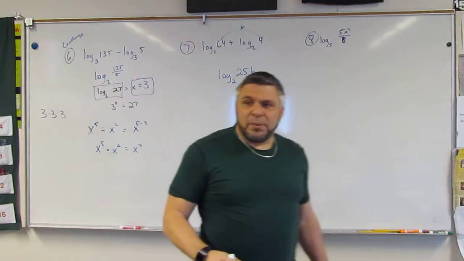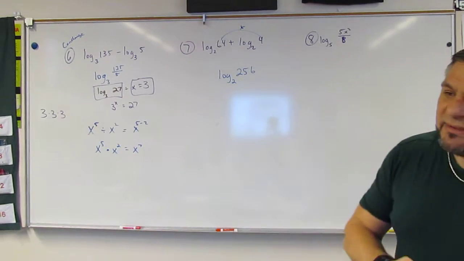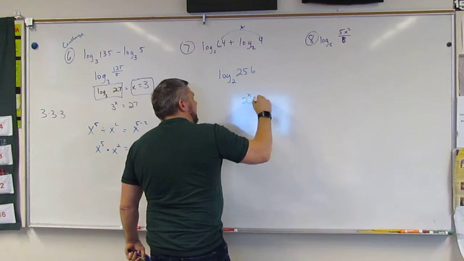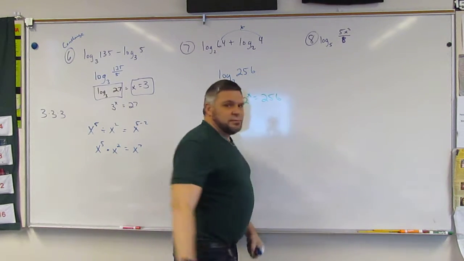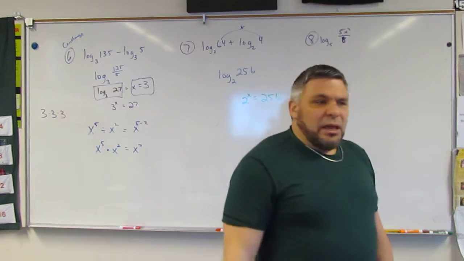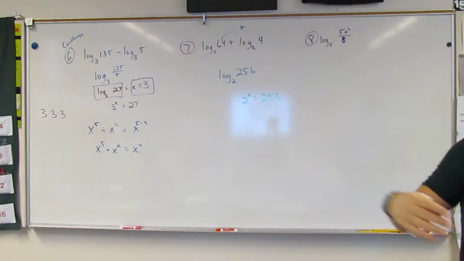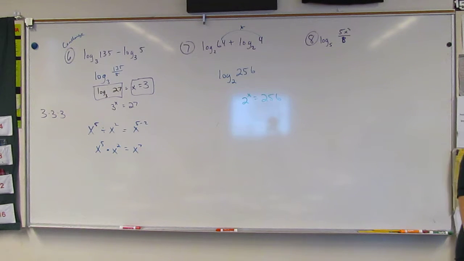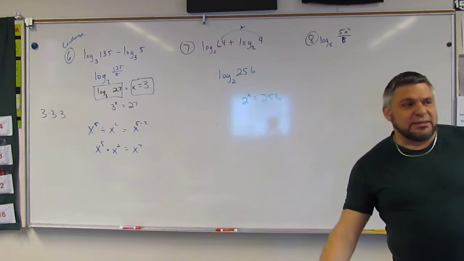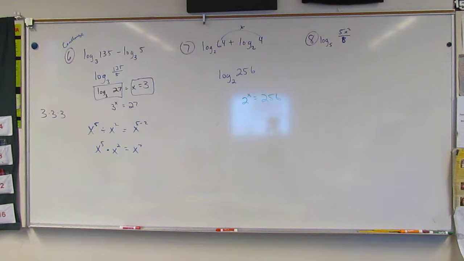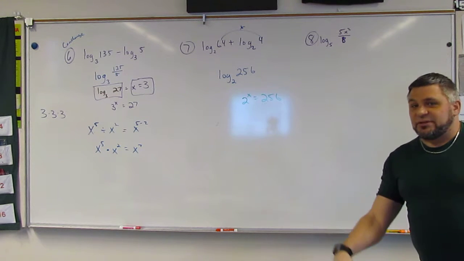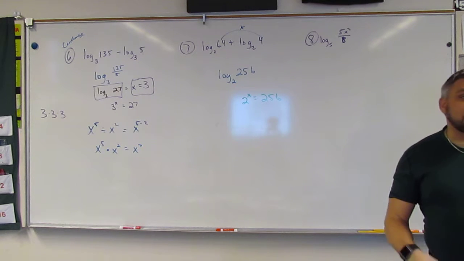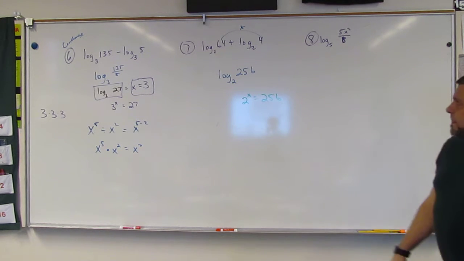Okay. And then again, we're going to think outside of the box. 2 to what power is equal to 256? By now you should know that 2 to the 4th is 16, 2 to the 5th is 32, 2 to the 6th is 64, 2 to the 7th is 128, and 2 to the 8th is 256.